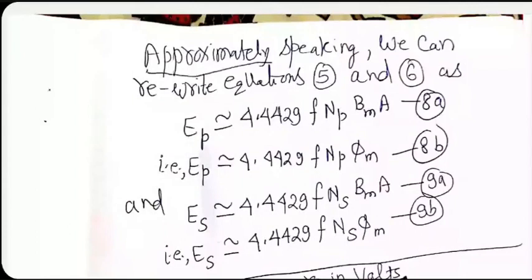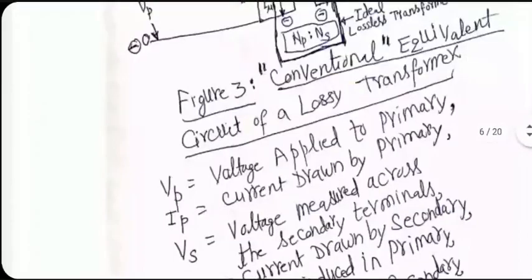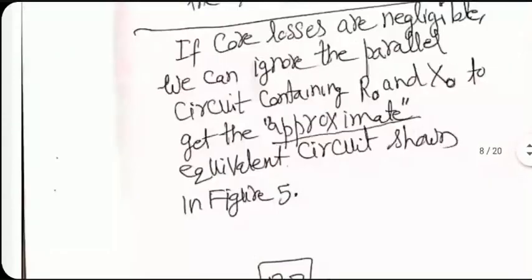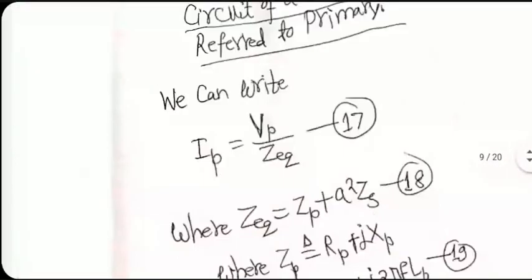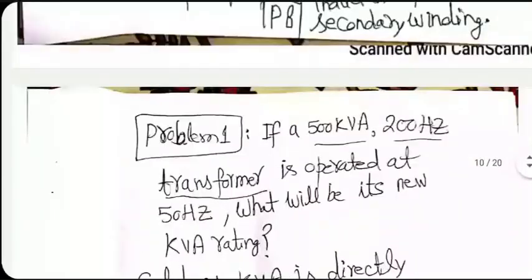So if frequency goes down by a factor of 4 in this problem, EMF will also go down approximately by a factor of 4. And assuming that losses are small, the values of voltage will also go down by a factor of 4 on both primary and secondary side.